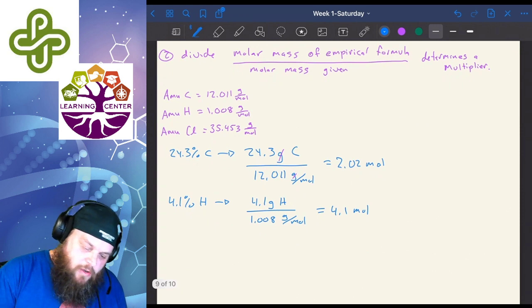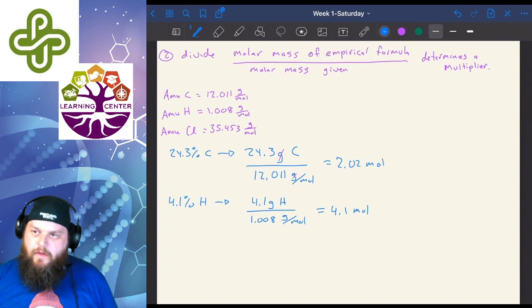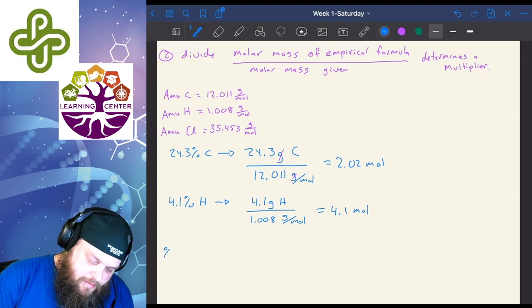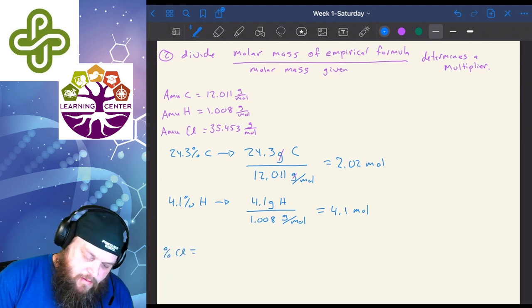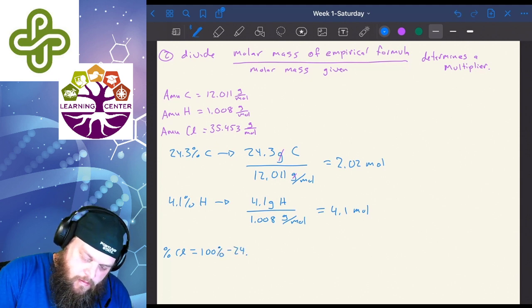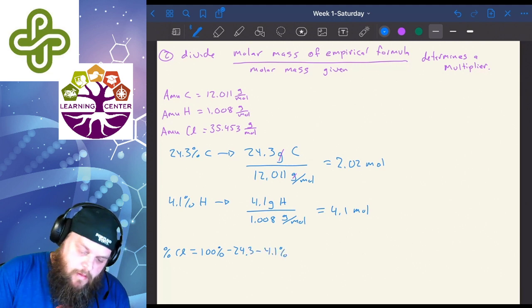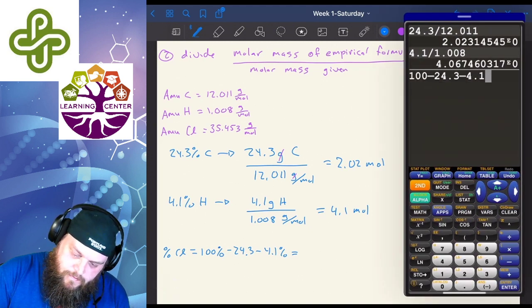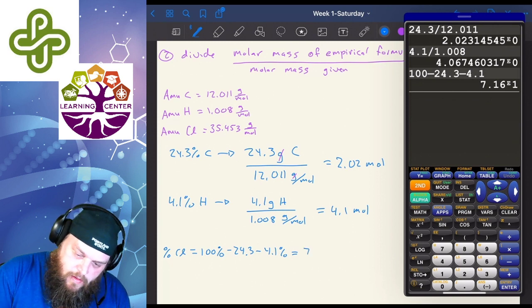So the last one is chlorine. They don't tell us the percentage of chlorine, but we can derive that if it's the only other thing left. So let's say percentage Cl should be equal to 100% minus 24.3 minus 4.1, which will equal 71.6%.